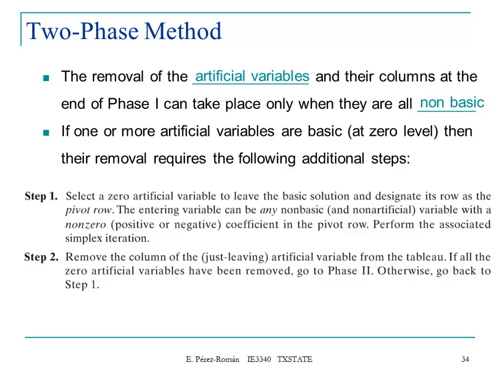So let's say you are able to get that right-hand side column and the value for r equals 0. You still have r1 in your basic variables. Then at that point, you can select a zero artificial variable to leave the basic solution.